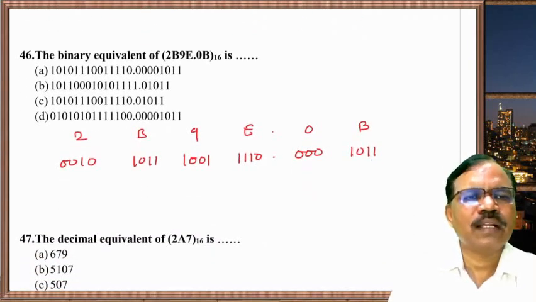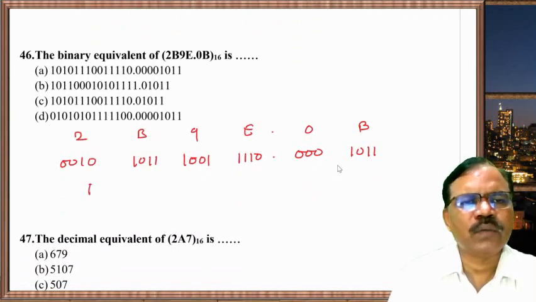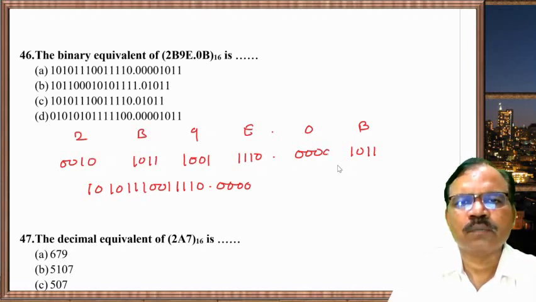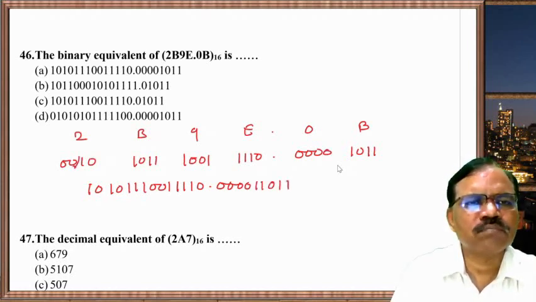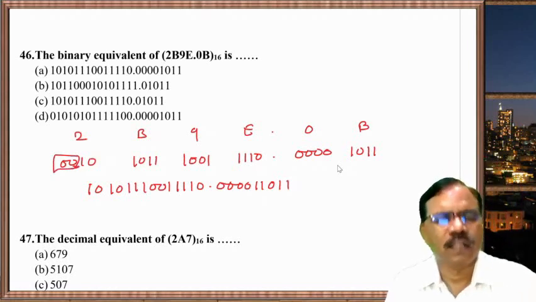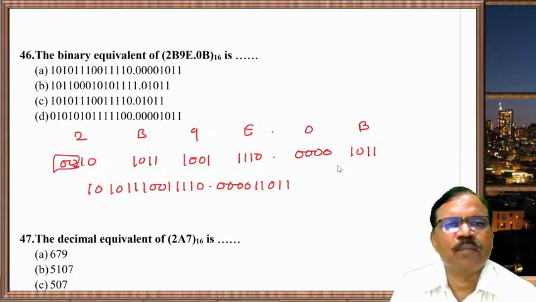Now when we write here, you can take 10 1011 1001 1110.0000, here 4 zeros, 1011. So you can ignore these leading zeros. So this is the number.